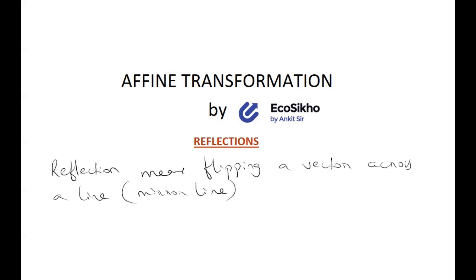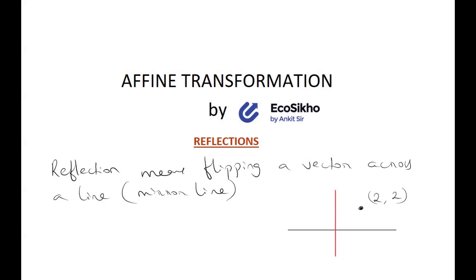For example, if in a graph I have a point, let's say this point is (2, 2), and I want my y-axis to act as a mirror. So what will happen?